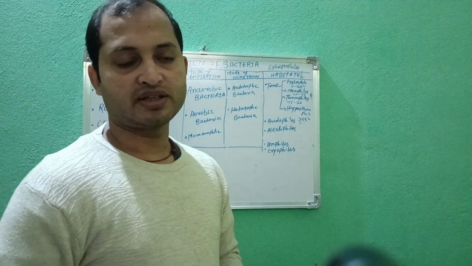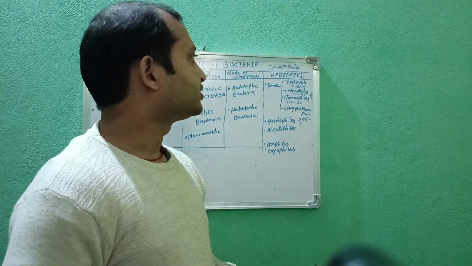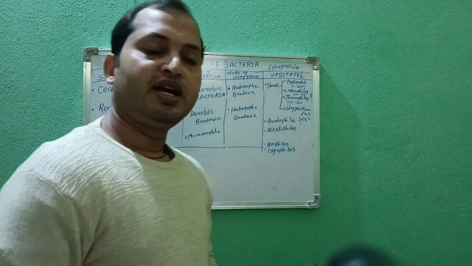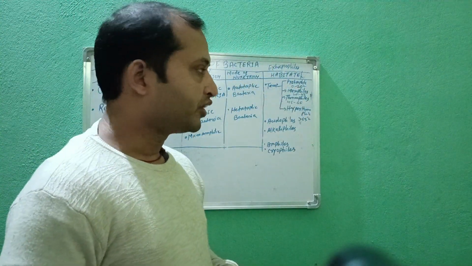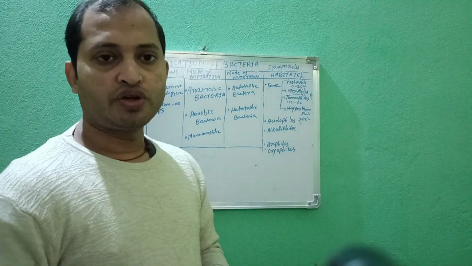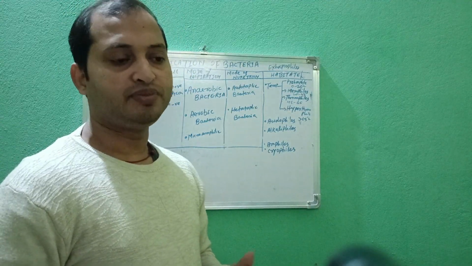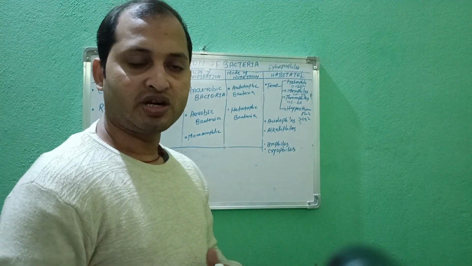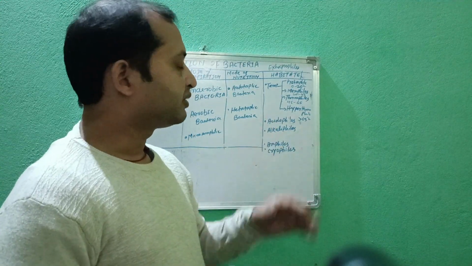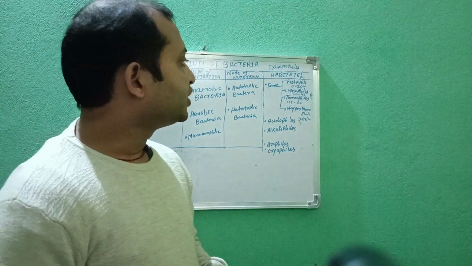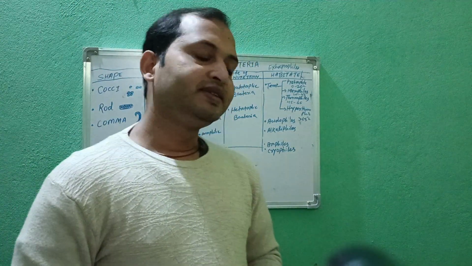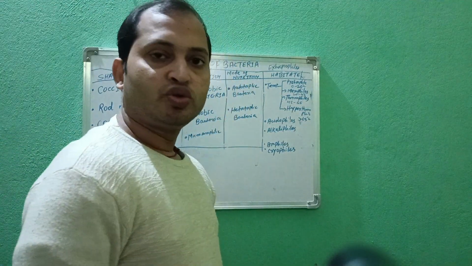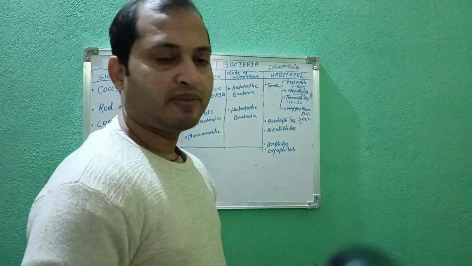Psychrophilic bacteria, for example Campylobacter jejuni, have an optimum growth range of 0 to 20 degrees Celsius. The mesophilic group includes a large number of bacteria, with an optimum range of 20 to 45 degrees Celsius, where they grow happily.